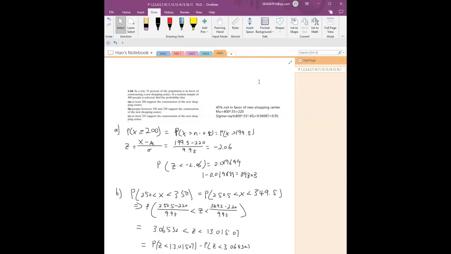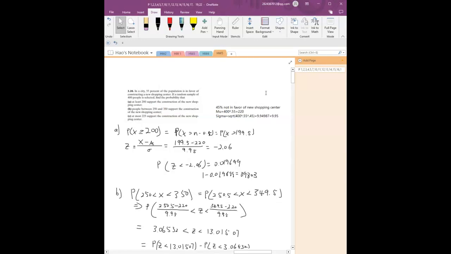If a random sample of 400 people is selected, find the probability that A, at least 200 support the construction of the new shopping center. B, between 250 and 350 people support the construction of the new shopping center. C, at most 225 support the construction of the new shopping center.